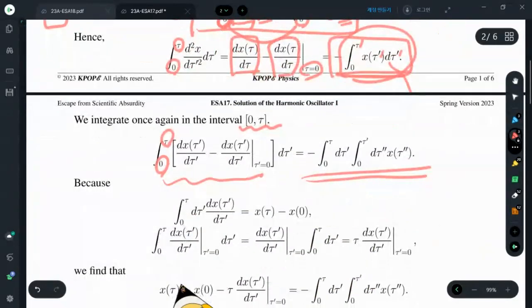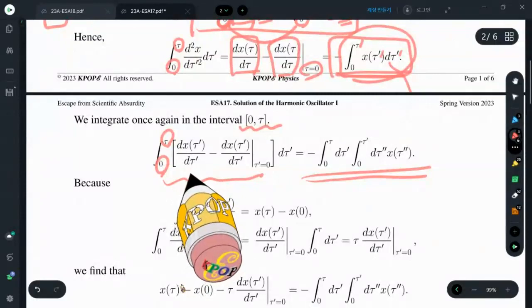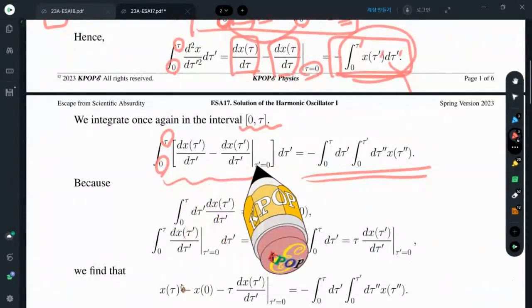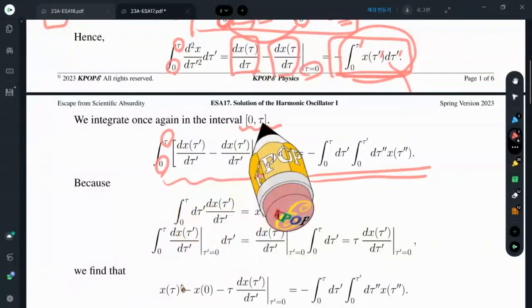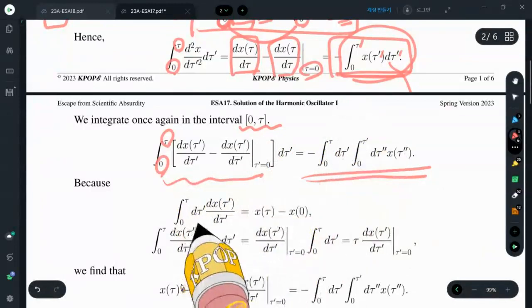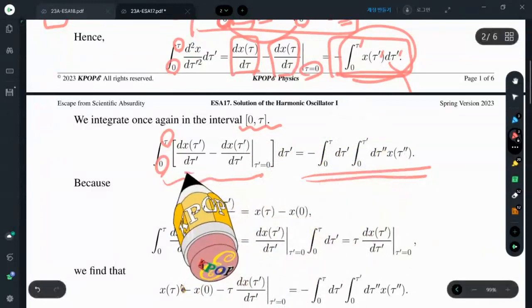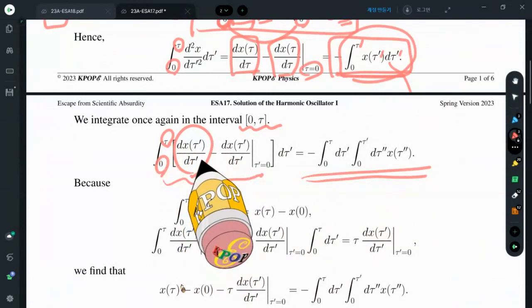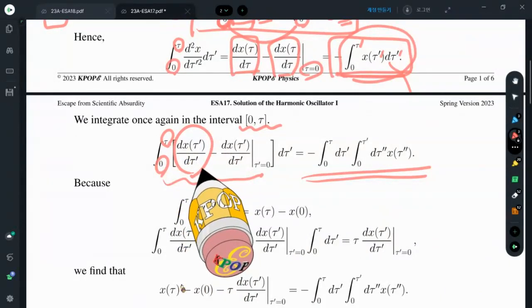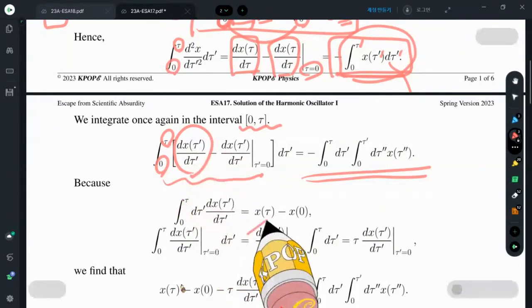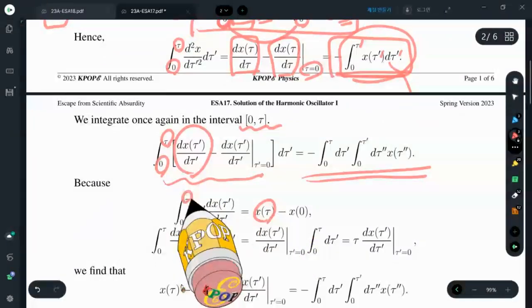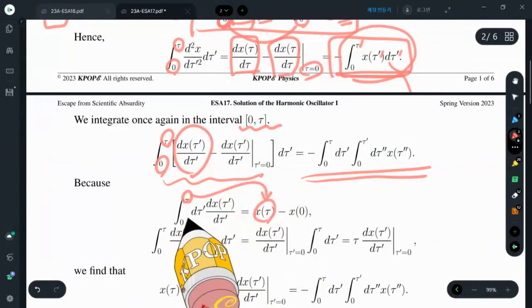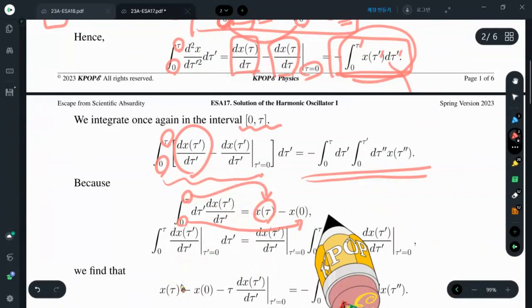Okay, we again carry out the integration of the left-hand side. That can be done completely. First of all, this part, this is a first order derivative, so its indefinite integral is just x itself. So evaluate it at the upper limit subtracted by the lower limit.